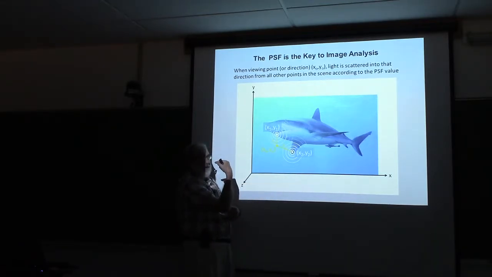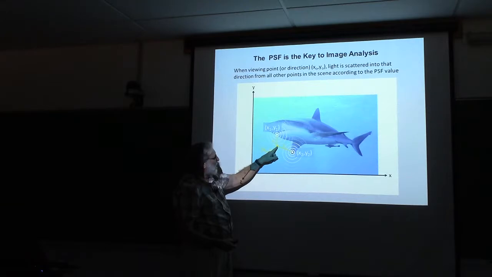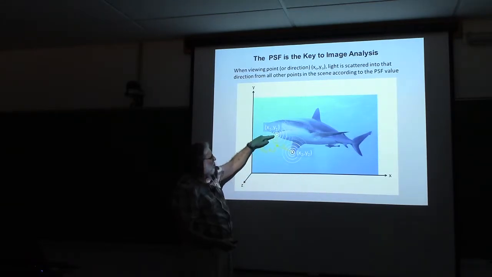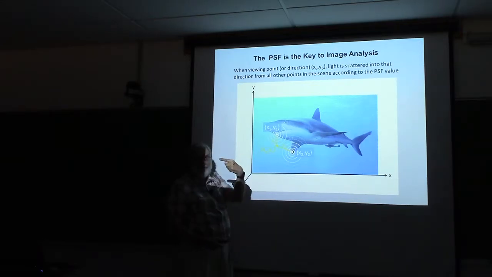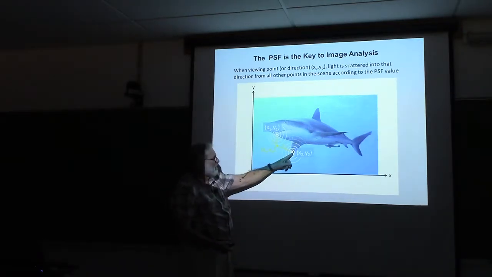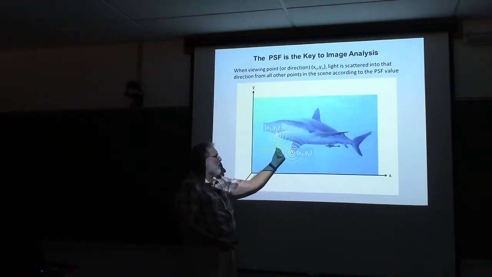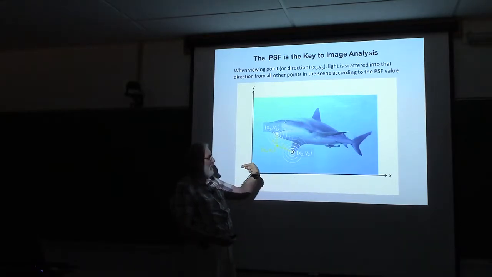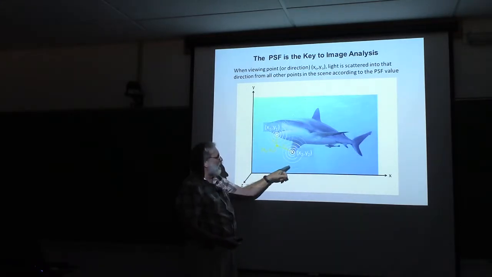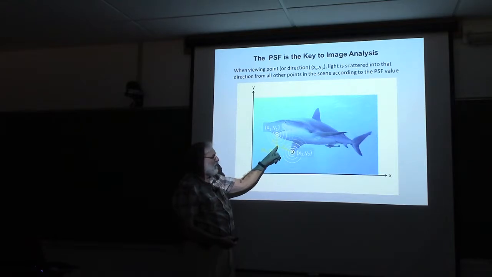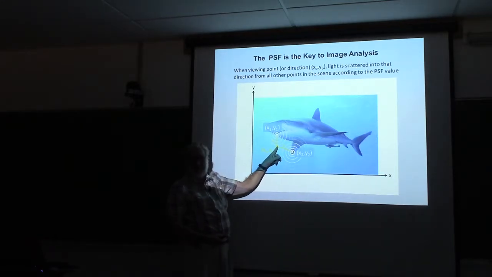So looking at this point, you're still picking up some light that started from this point but got scattered just right to go into your direction, or this point over here got scattered just right to go into your direction. And how much of that light got scattered here? Well, that's our point spread function.